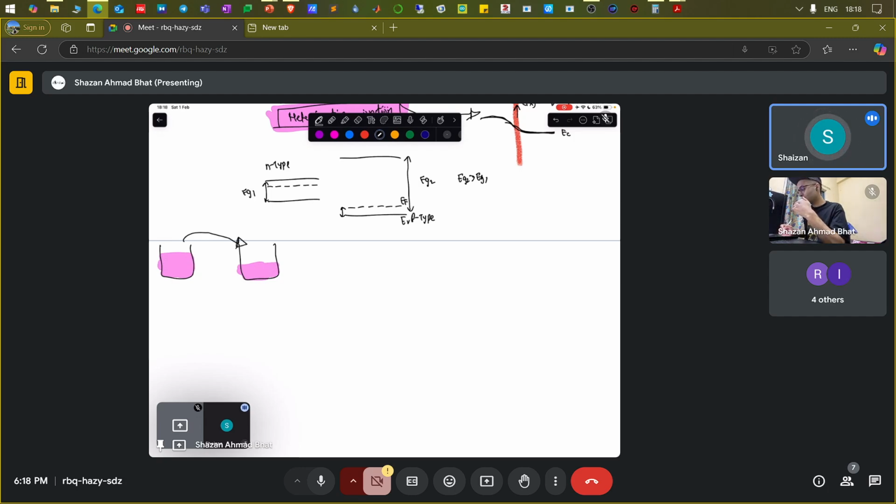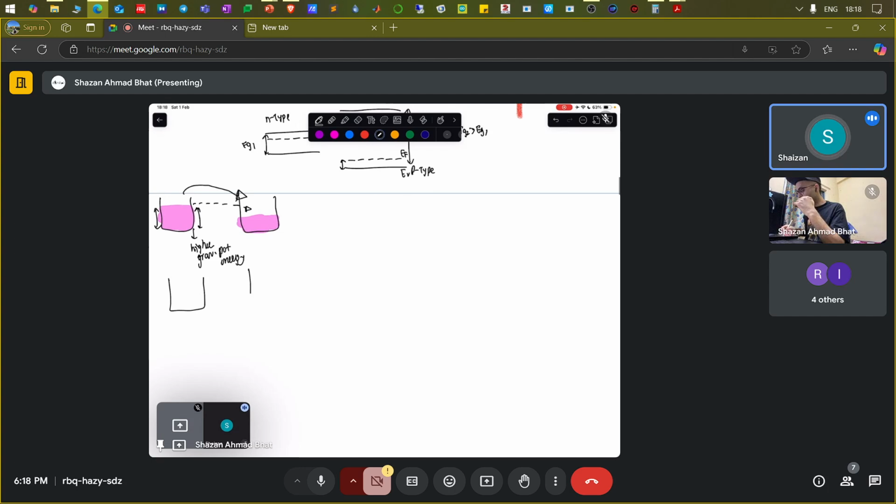If you just tilt the buckets, the water is going to go from this end to this end, because naturally the water has higher gravitational potential energy here. Because it has much greater height in this particular bucket, it will try to equalize the heights on both sides. So the scenario will come that both of these heights will be equal. That is the equilibrium scenario.